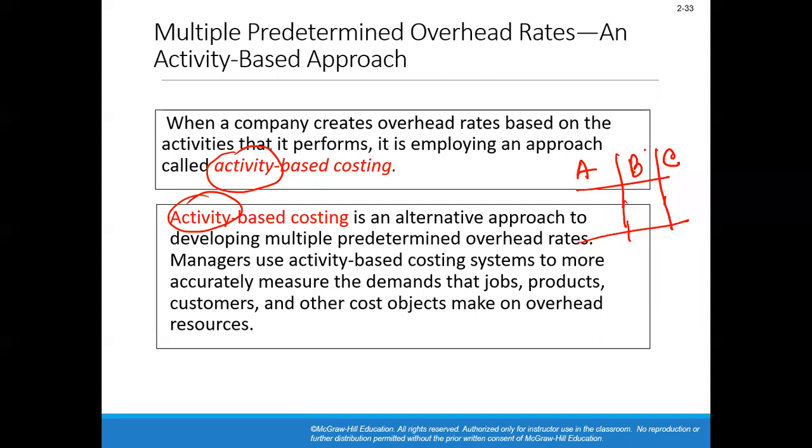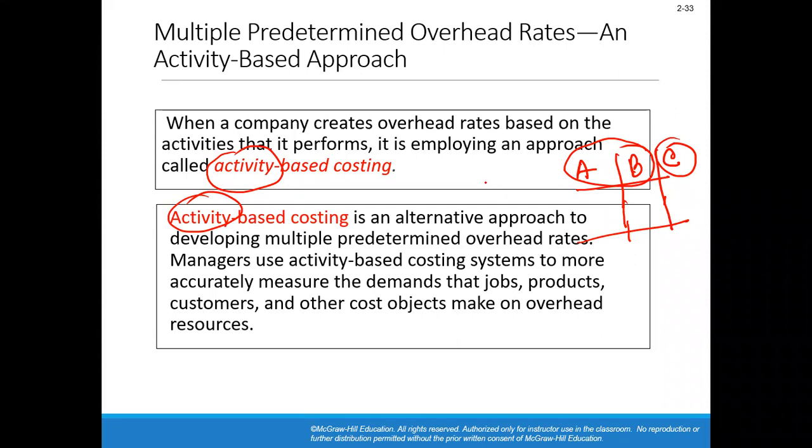And it can be that 2 activities are done by 1 department, or 1 activity is done by 1 department. So this is how activity-based costing is different from department-based job costing. We'll have a separate chapter for activity-based costing later in our contents. We'll explore more about it later.